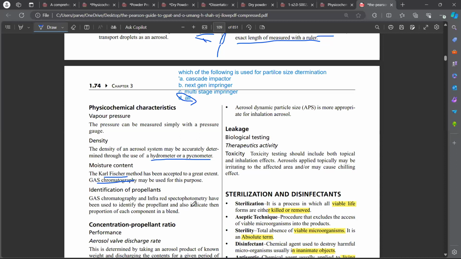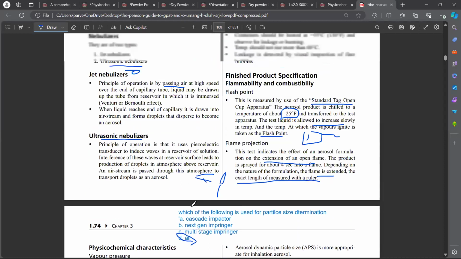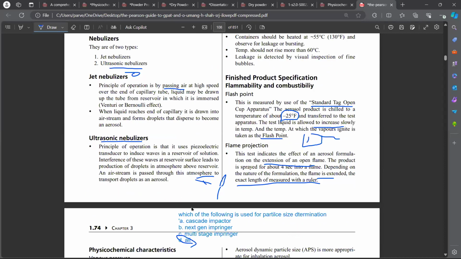The foam test of the aerosols is done by which equipment? Great, it is done by rotational viscosity.